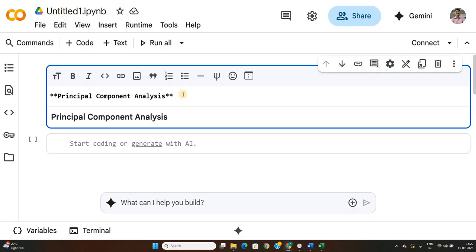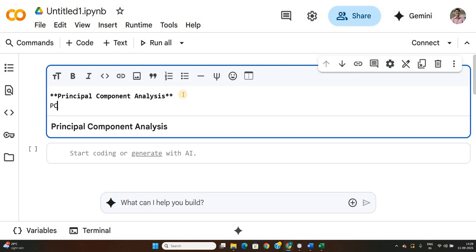Principal component 1 captures the maximum variance in the data, while the maximum remaining variance, which is orthogonal to PC1, is plotted in the form of PC2, right? So we will be speaking about principal component 1 and principal component 2.